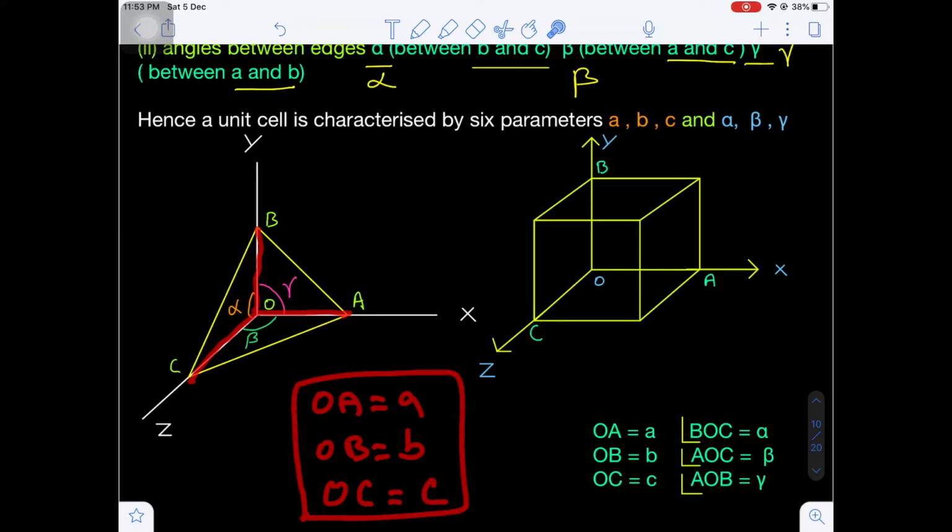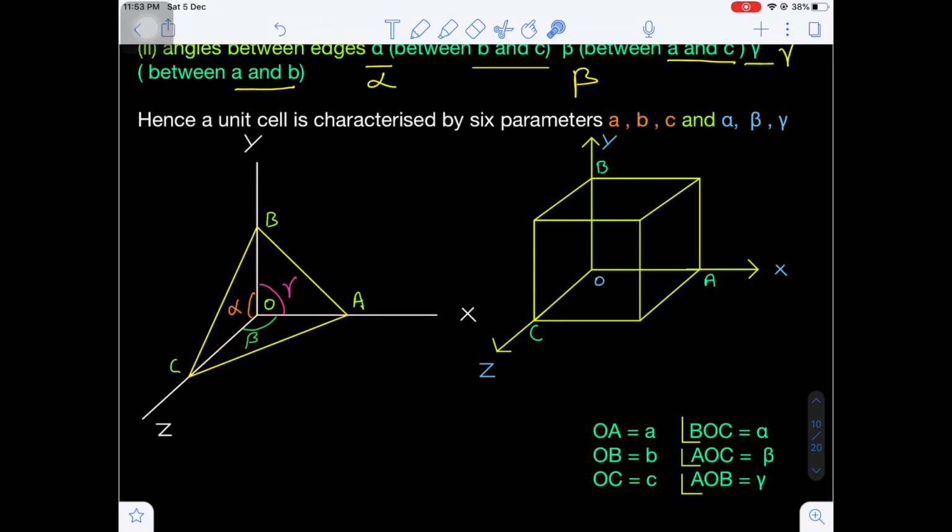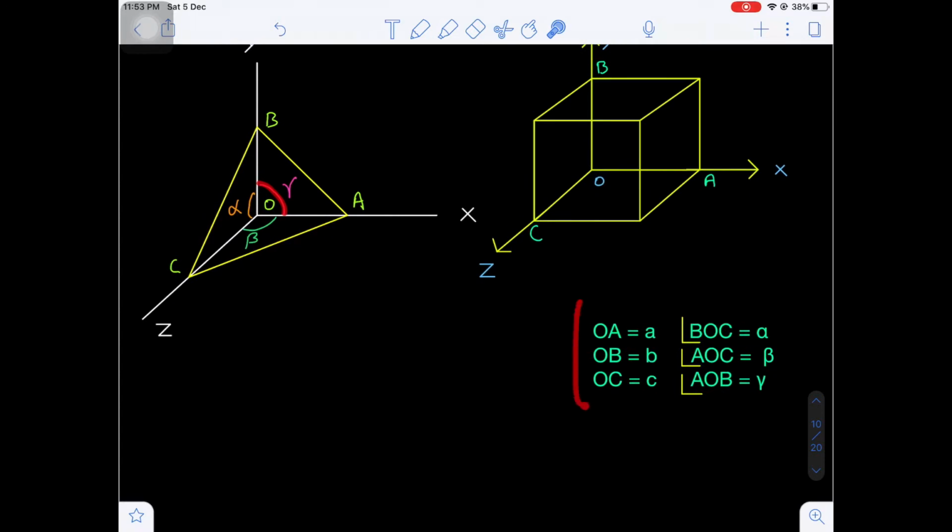These are called axial parameters. And the angle alpha is opposite OA, angle beta is opposite OB, and angle gamma is opposite OC. Yes or no? So these are alpha, beta, gamma and a, b, c.